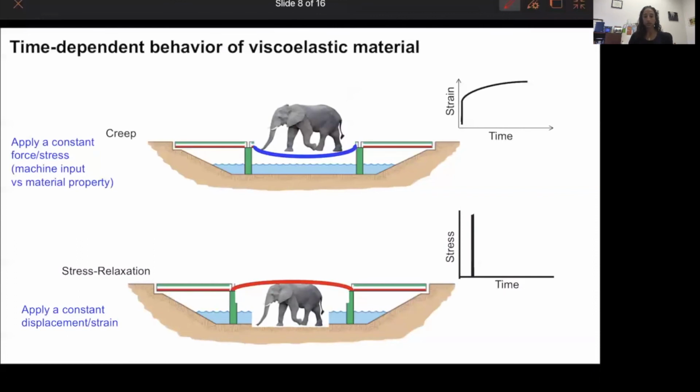So initially, we're going to have this spike in the stress that is read out by the material, our polymer bridge material, but eventually those stresses in that material will relax out. It may relax to an equilibrium point where it flattens out, or some materials may actually relax down to zero in a fully relaxed state.